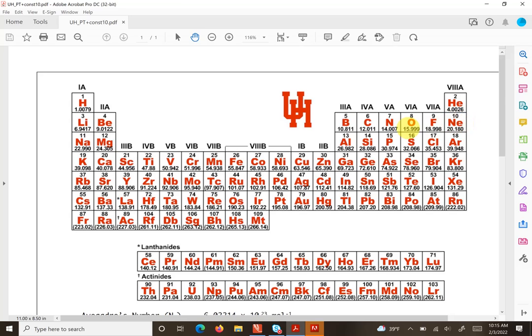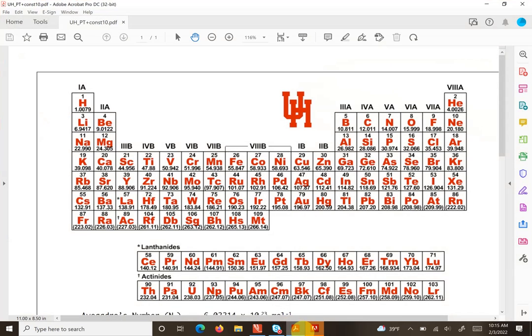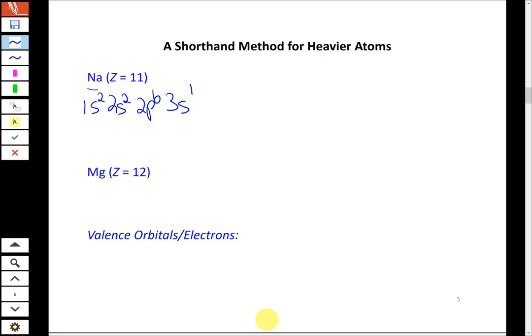So we're going to represent the core electrons with an atomic symbol. The first 10 electrons that we put into sodium here, 1s2, 2s2, 2p6, those correspond to the element neon, which is atomic number 10. So the way that we can write the configuration more simply is we're going to abbreviate these filled subshells with the noble gas that they correspond to.